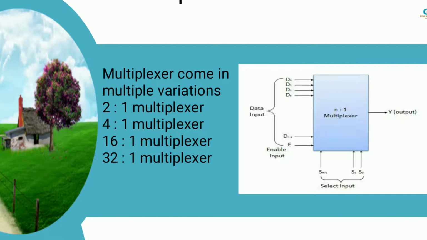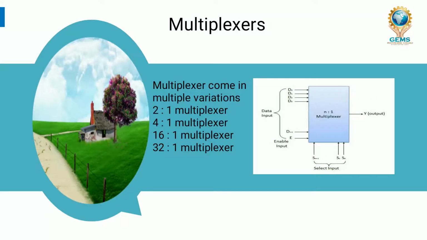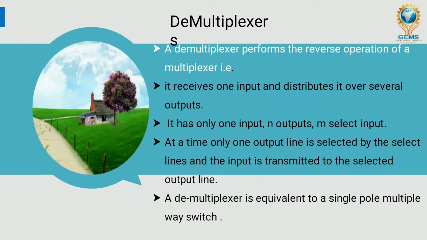On the left side of this diagram is the number of inputs, and the right side is the number of outputs. So in a multiplexer the output will be only 1, but we can take up to 32 inputs. That is the specialty of the multiplexer. I hope you understand what a multiplexer is.